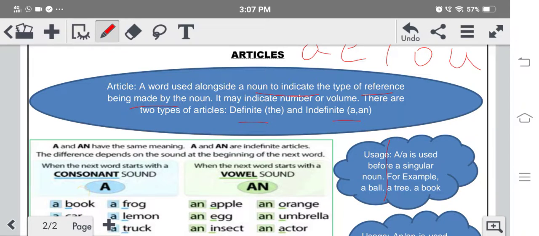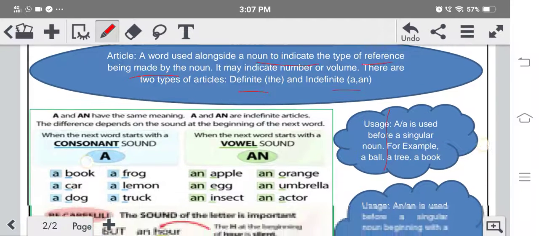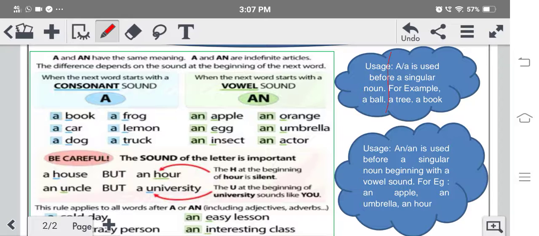So this way we use an with vowels and a with consonants. A is used before a singular noun, for example a ball, a tree, a book. Moving on, usage of an. An is used before a singular noun beginning with a vowel sound, for example an apple, an umbrella, an hour. Now here see, same way as I've told you about honest, here also the sound of H is silent.